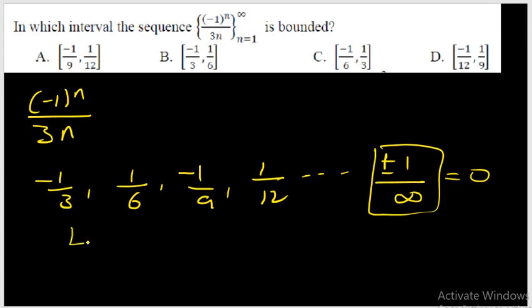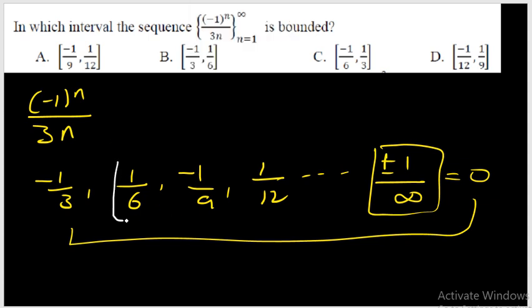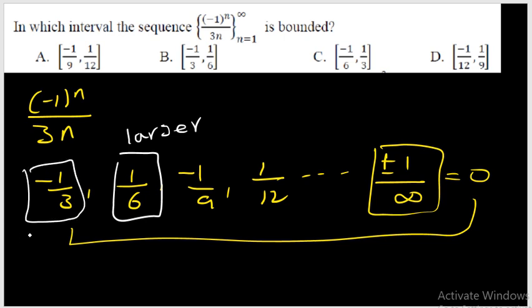Now let us try to observe. From here, there will be other numbers, of course. Which one will possibly be the larger one? The larger one is possibly 1 over 6. This is the largest one from the sequence, and the smaller one will be the negative one. This is the least one, and this is the largest one.